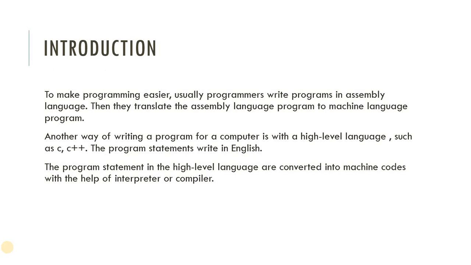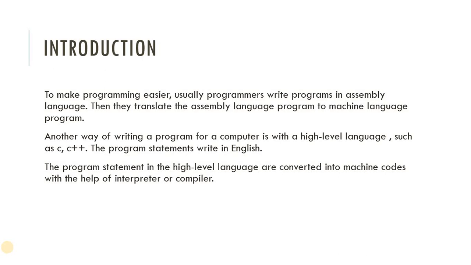And the last way of writing a program for a computer is with a high level language such as C, C++. These are languages in which we write programs in simple English. So the easiest language for writing programs is the high level language, then assembly level, and the toughest is machine programs.